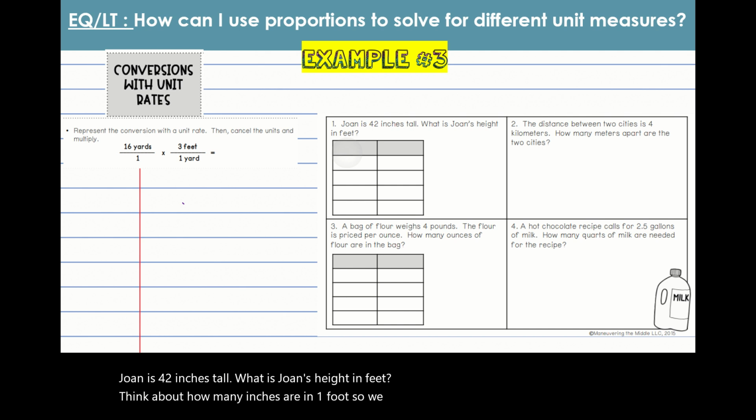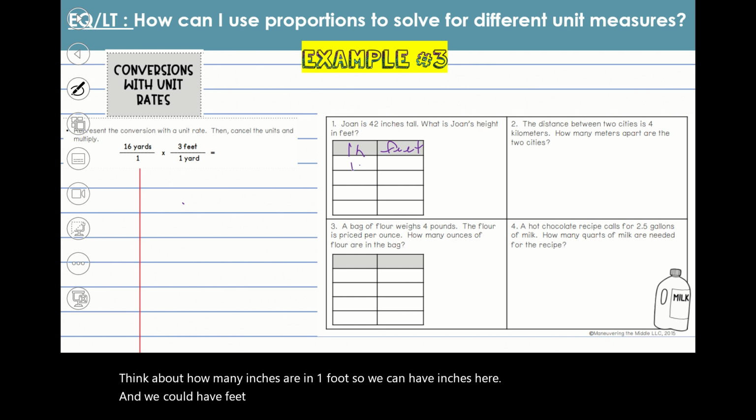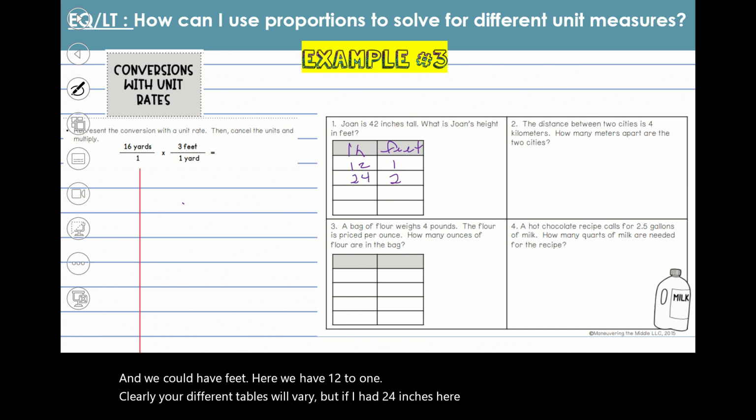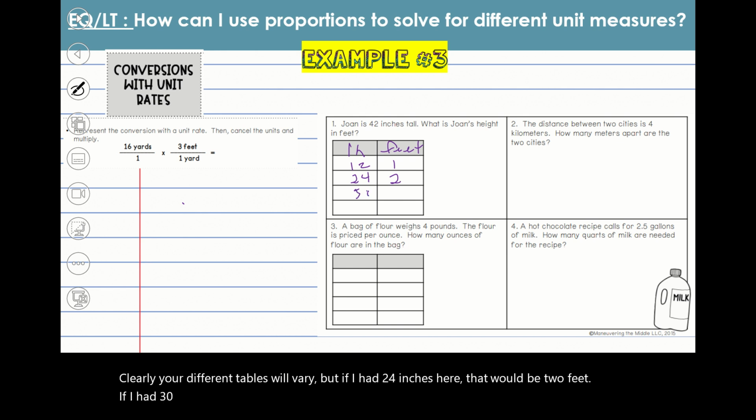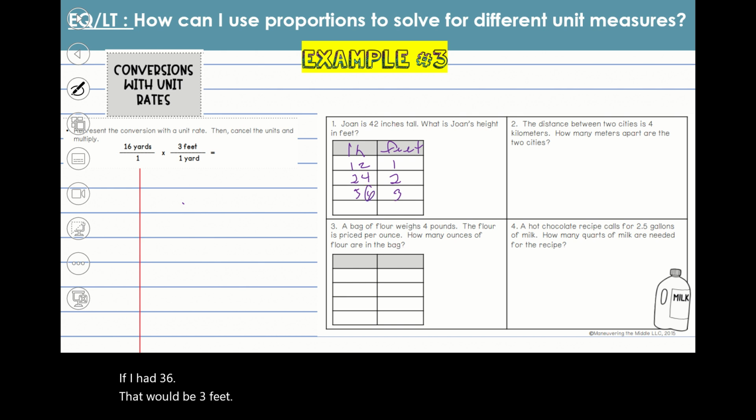So we can have inches here, and we could have feet here, we have 12 to 1. Clearly, your different tables will vary, but if I had 24 inches here, that would be 2 feet. If I had 36, that would be 3 feet. If I had 48, that would be 4 feet.